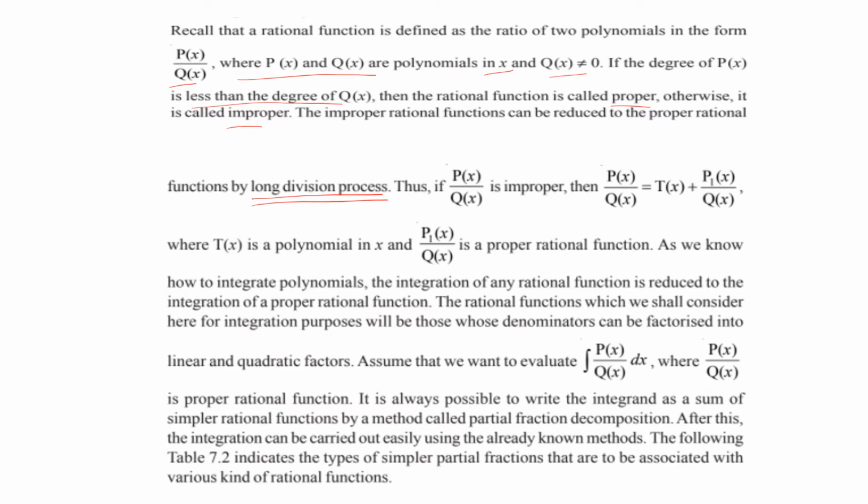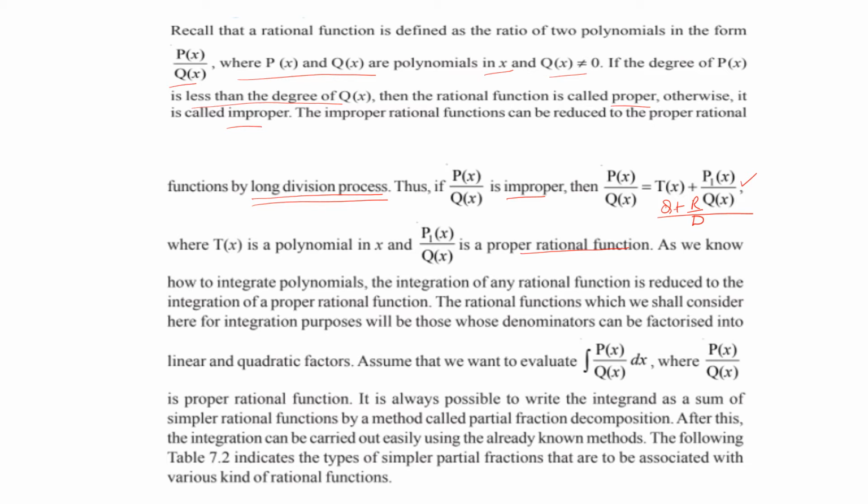If a rational function p(x)/q(x) is improper, then we can divide the numerator by the denominator and express this rational function as quotient plus remainder upon denominator, that is, t(x) + p1(x)/q(x). Here t(x) is a polynomial in x and p1(x)/q(x) is a proper rational function. In this way, we will be getting a proper rational function.